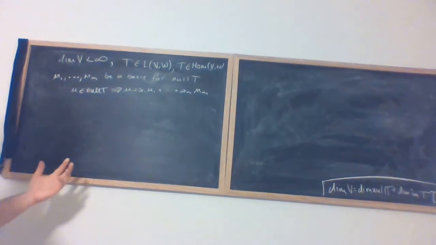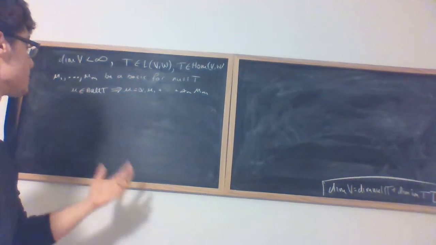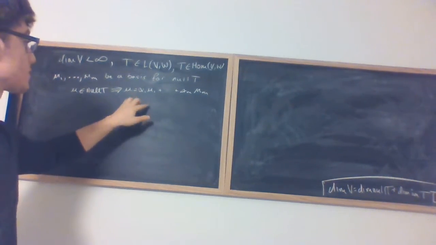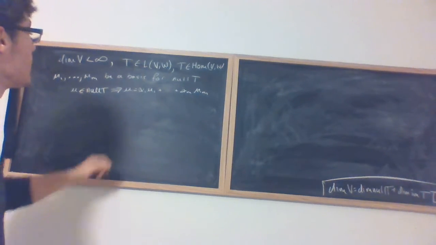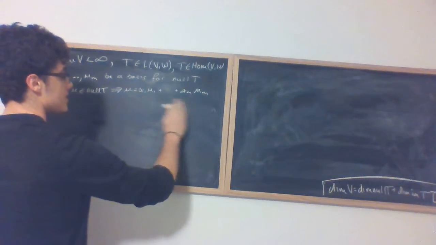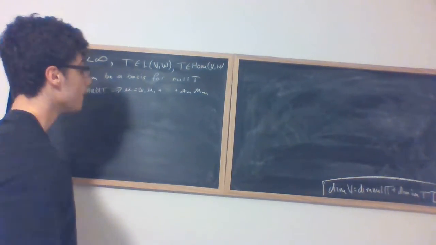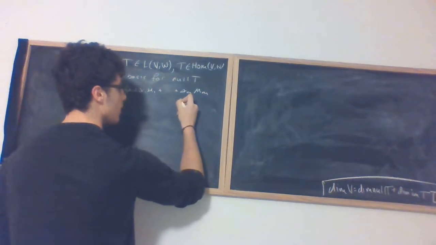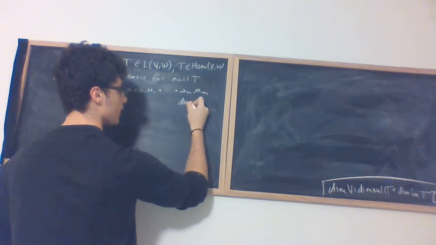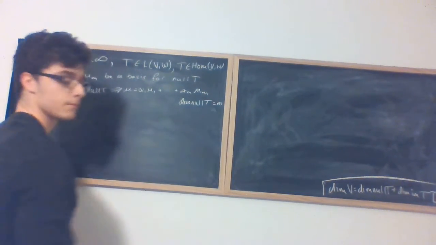And since we defined it to be a basis, it's going to span the null space of T, and it's also going to be linearly independent. So, since this is linearly independent, we know the null space of T is going to be m-dimensional. So let's write this over here. Dimension of the null space of T equals m.